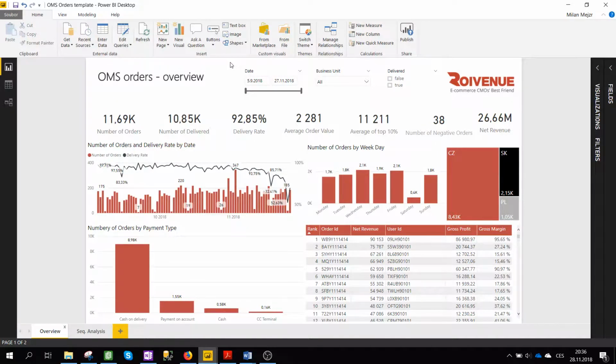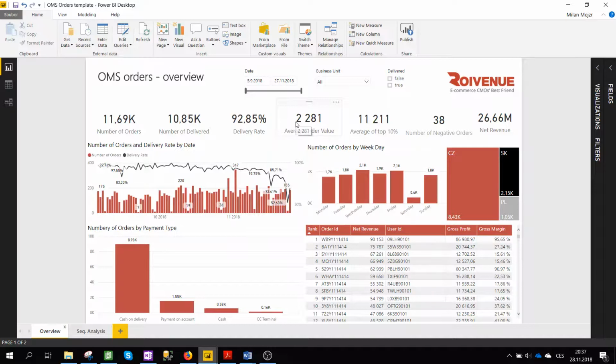Let's start from the top. We have three different slicers here: a date slicer, a slicer for business units, and a slicer which distinguishes delivered orders and not delivered orders. Then we have a bunch of KPIs, some basic ones like number of orders, number of delivered orders, delivery rate, and average order value.